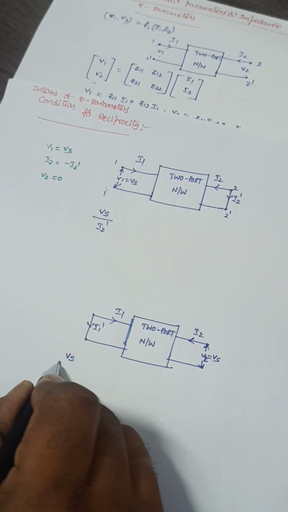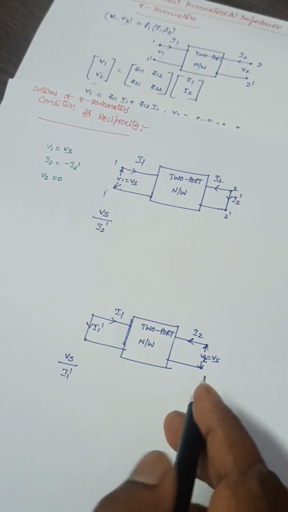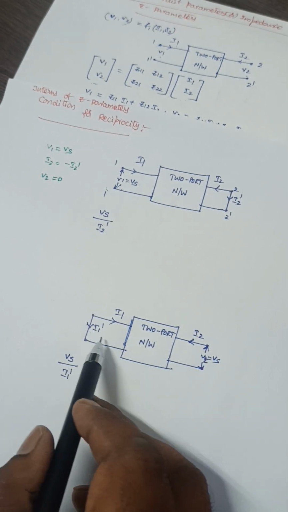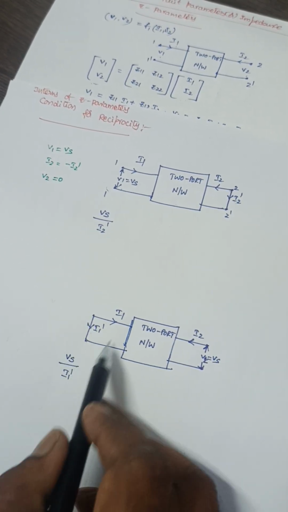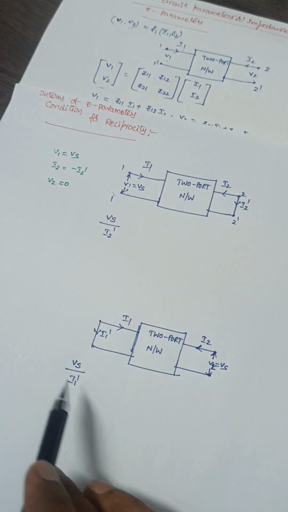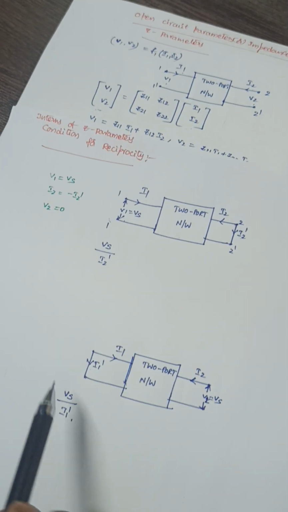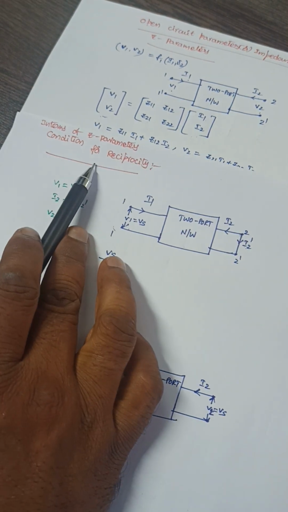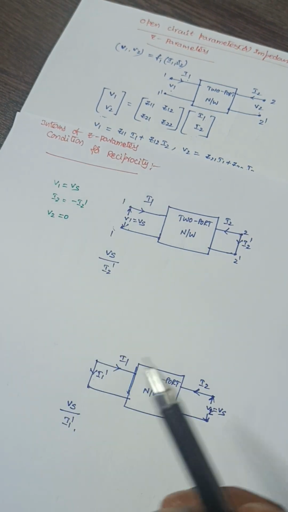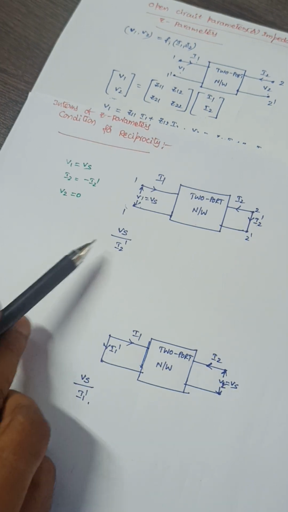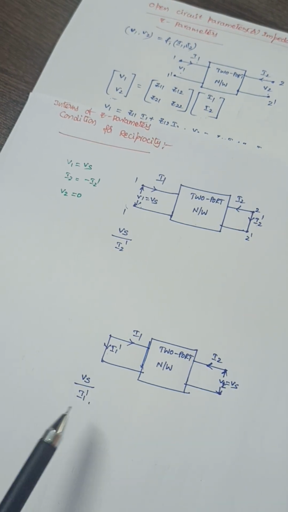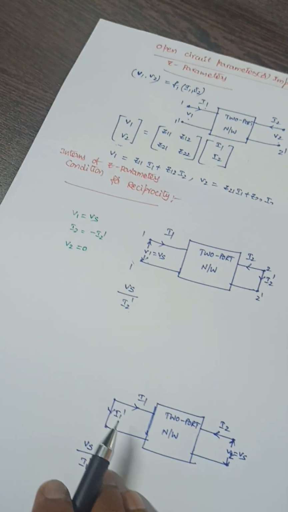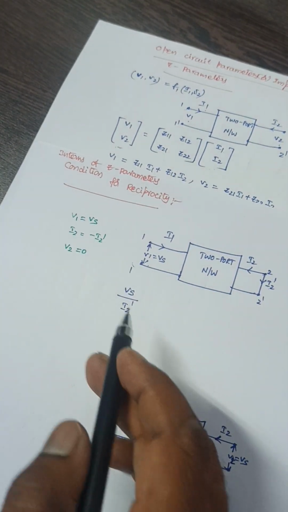Now Vs by I1 dash is the ratio of excitation at one port to the response at the other port. These two should be the same for reciprocal networks. That means the condition for reciprocity can be obtained by equating Vs by I2 dash to Vs by I1 dash. So I need to find this Vs by I2 dash by using these conditions.